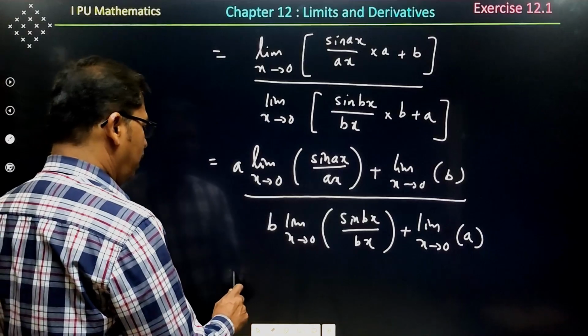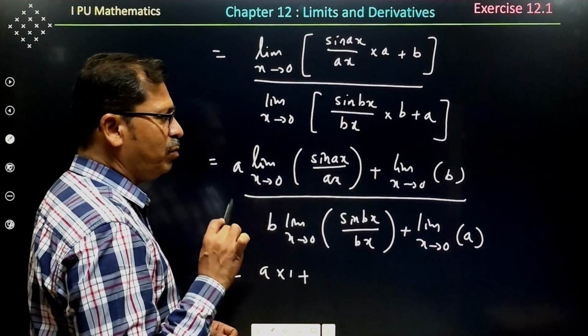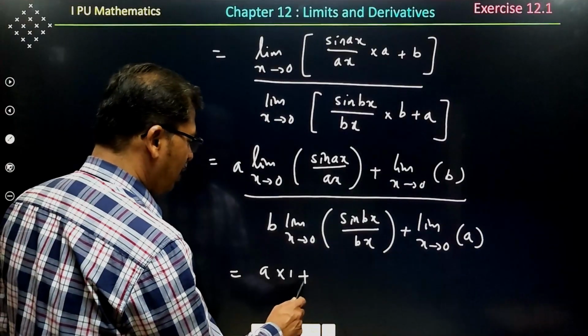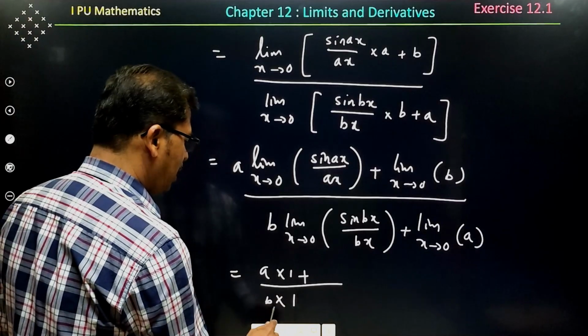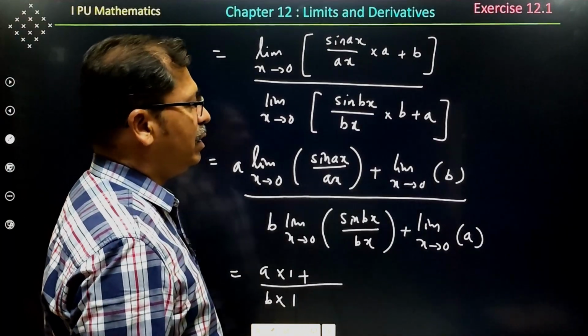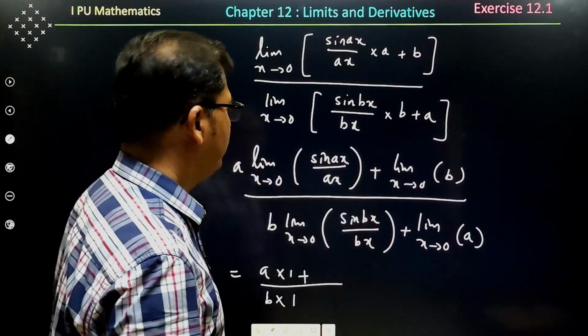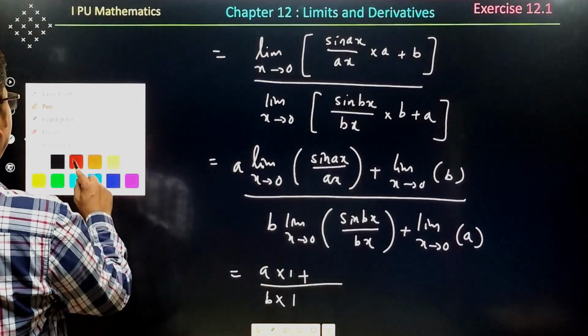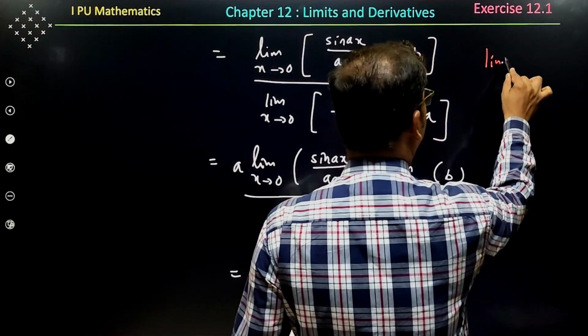A into 1 plus limit x tends to 0 b. Can someone tell me the value? What will we get? B into, this is also a standard limit, 1. In the numerator, limit x tends to 0 b is there. Which rule do you want to apply here? Constant rule.